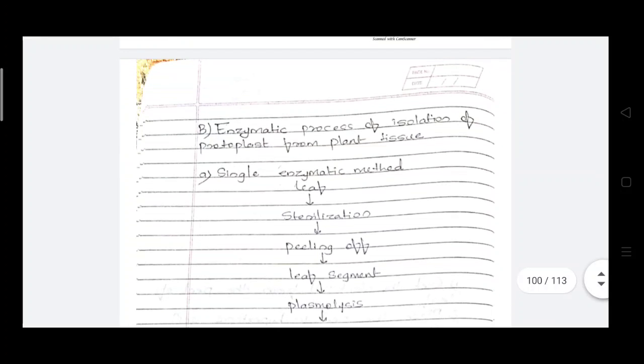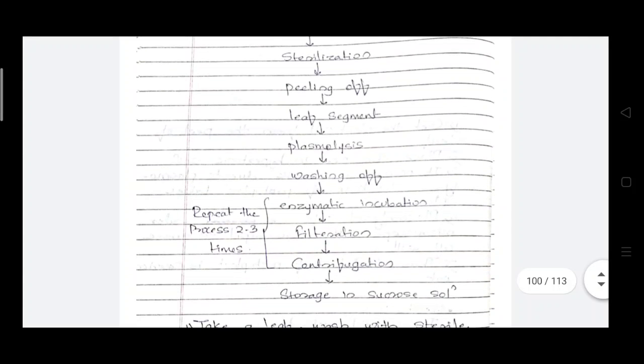In the enzymatic process, the first one is the single enzymatic method. In that, first of all you have to take the leaf. This leaf will be sterilized, then peeled off, then the leaf segment is plasmolysed, then washed off, then placed again in enzymatic incubation, then filtration, centrifugation, and it will be stored in sucrose solution.